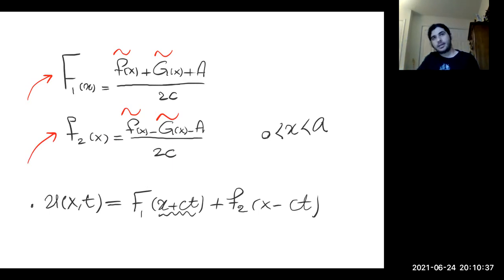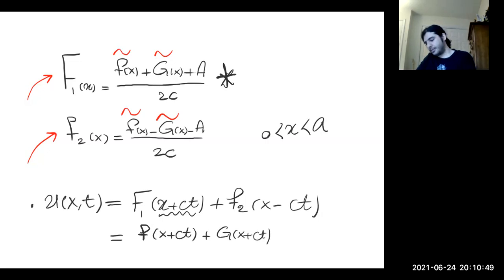So if I write down the definition of f from here, I would get f of x plus ct plus g of x plus ct plus a over 2c. And then the same thing for f2: f of x minus ct minus g of x minus ct minus a over 2c.